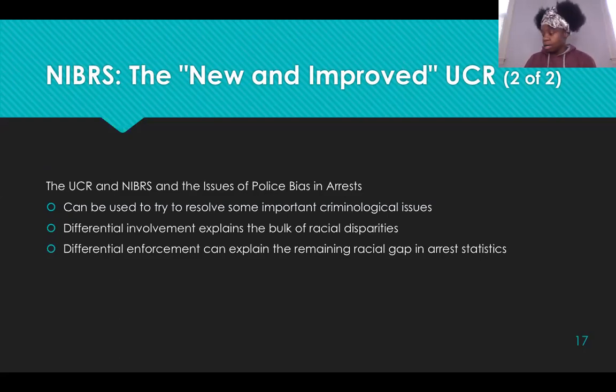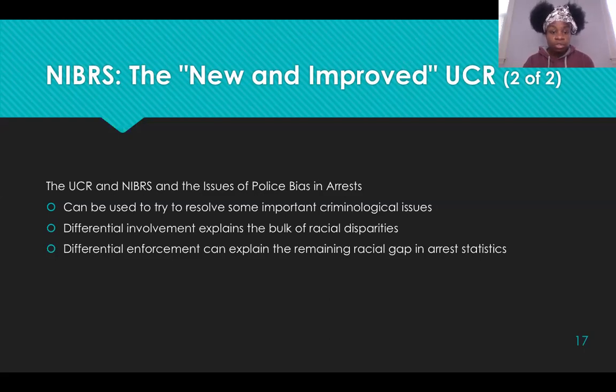Remember, things aren't perfect, okay? So of course there are going to be flaws in all types of systems, okay? So NIBRS data provides information about both the offender and the victim, and therefore can be used to try to resolve some important criminological issues.